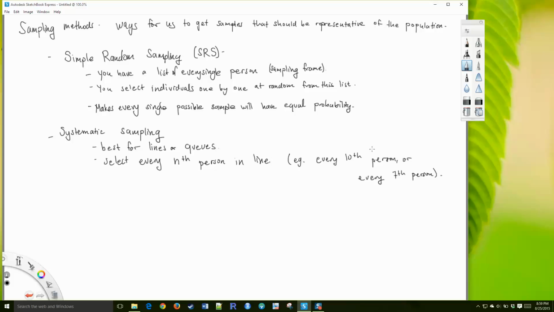Every nth person. We haven't heard this before. Every nth, every umpteenth person, something like that. Okay, it's just a stand-in for a number, like X. Is that okay? So that should also give you a representative sample.